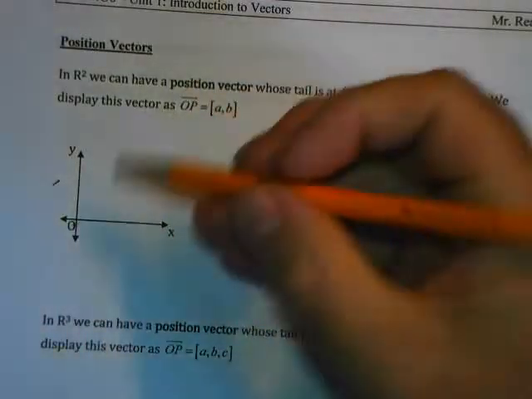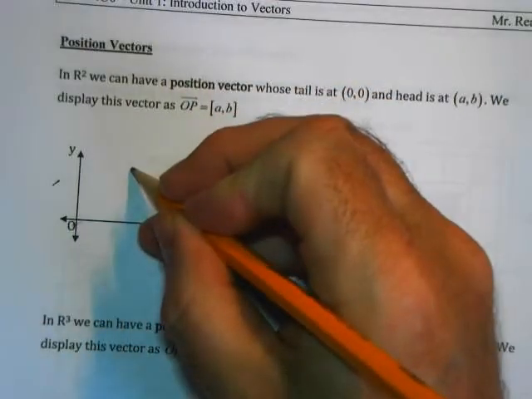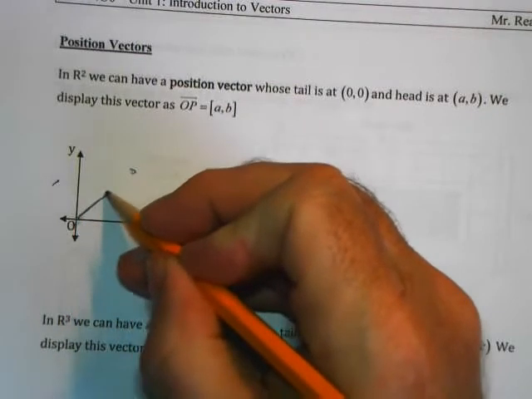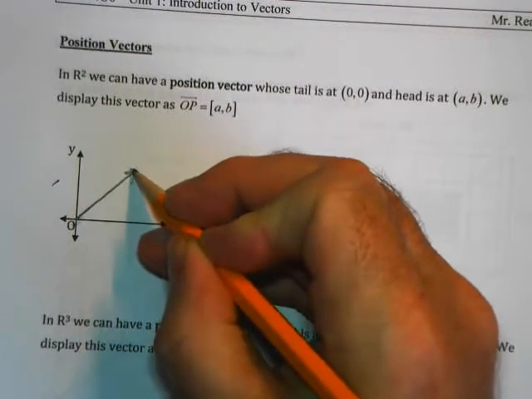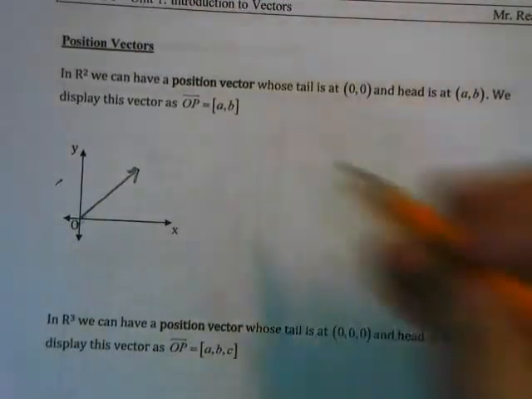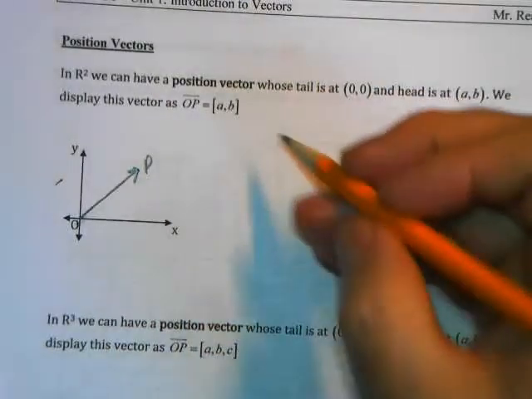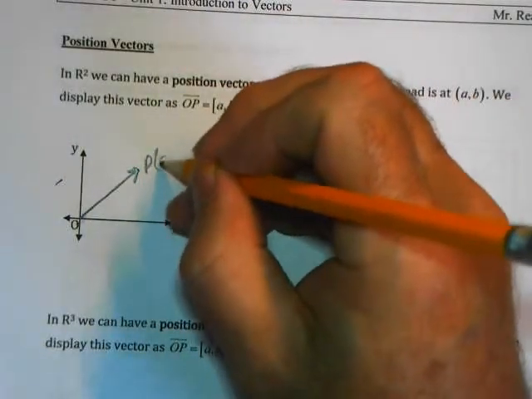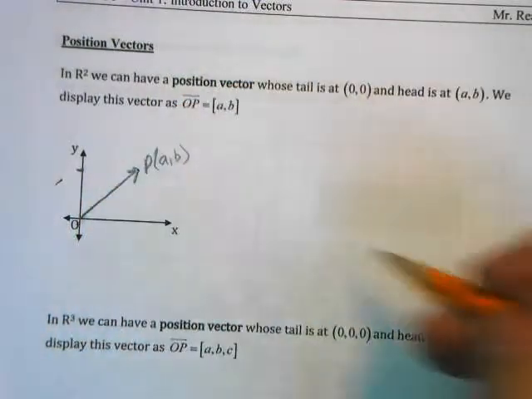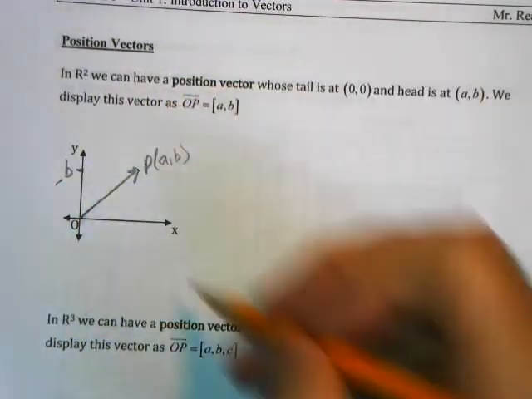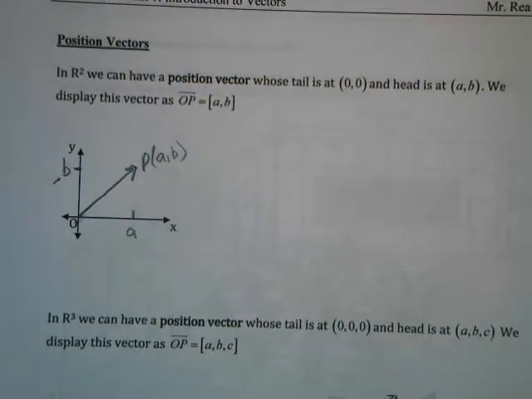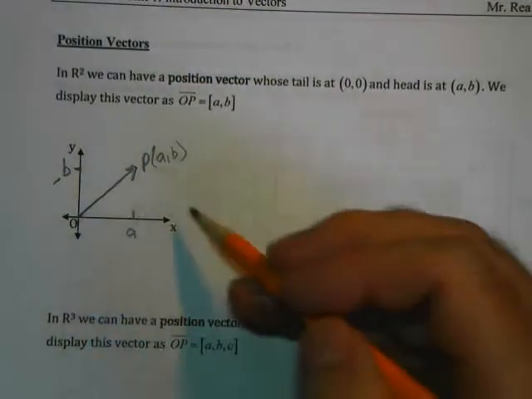If I have a point P here, and I draw a vector from O to P with a head there, and say I gave it coordinates A, B, on the y-axis that would be a value of B, and on the x-axis a value of A. That is my position vector OP.